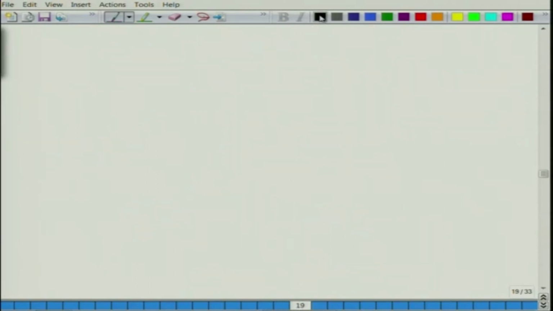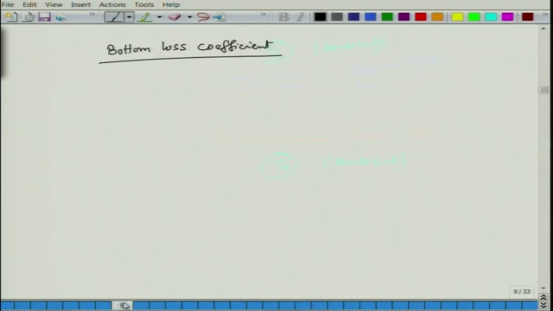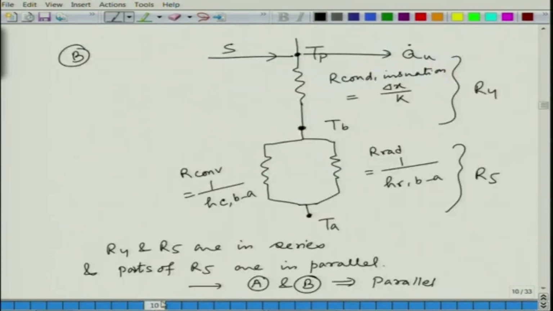Now, so far we have talked all about the top loss coefficient, but we also need to remember that there is a bottom loss coefficient. Okay. So, if we go back and look at this figure, here we see that the bottom loss coefficient consists of two major parts.